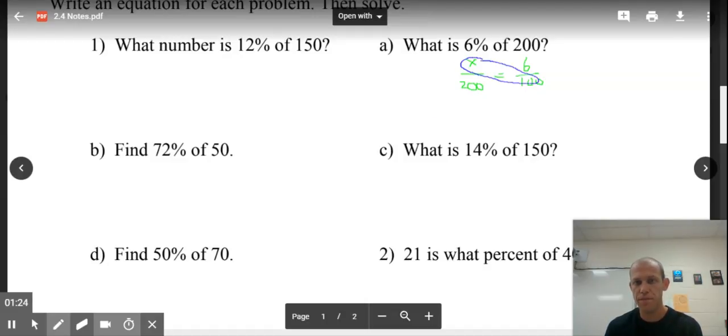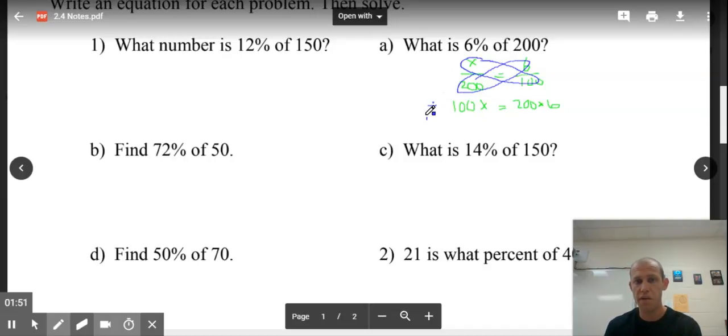Cross multiply and divide. So 100 times x, which is 100 x's, equals 200 times 6. And I'm just going to write that as 200 times 6. I know that it is 1200, but I'm not going to write all that stuff out. I want to write it all at once. So cross multiply, and now we have to divide by the thing that is next to the x.